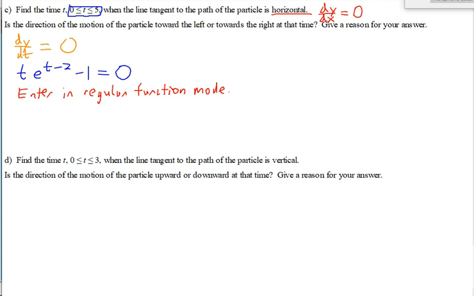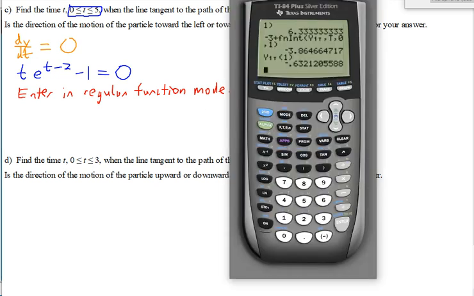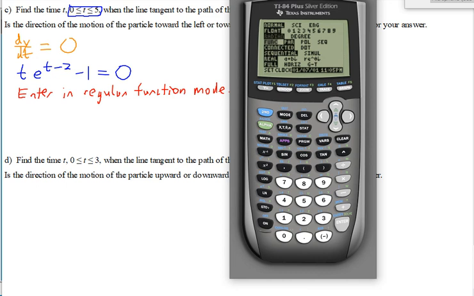So let's look at the 84 first. Go to mode here, and let's switch it back to regular function mode. And then for y equals, you can do one of two things. You can type this whole thing in using x instead of t and find the zeros of that. Or an easier way, since it's already in your calculator, just go vars, y variable is parametric.